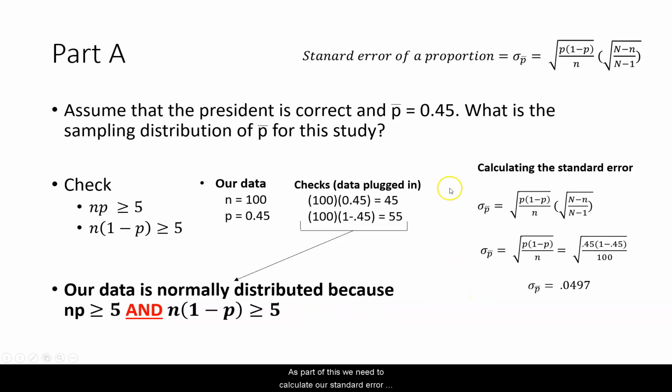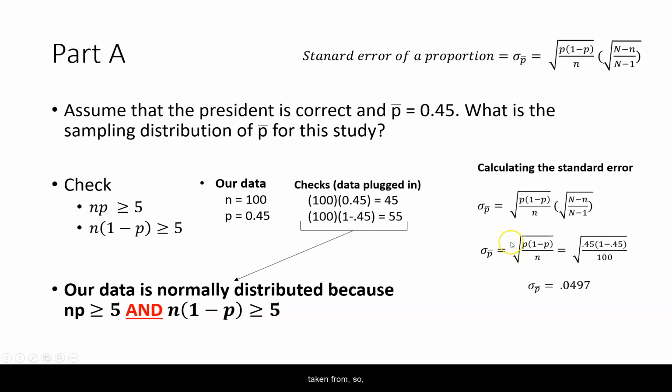And as part of this, we need to calculate our standard error as well. I have the formula up here in the corner, and I have it right here as well. Our formula is the square root of p times 1 minus p divided by n, multiplied by the finite correction factor if we're allowed to use it. In this case, we are not allowed to use the finite correction factor because we are not given a population that our sample is taken from.